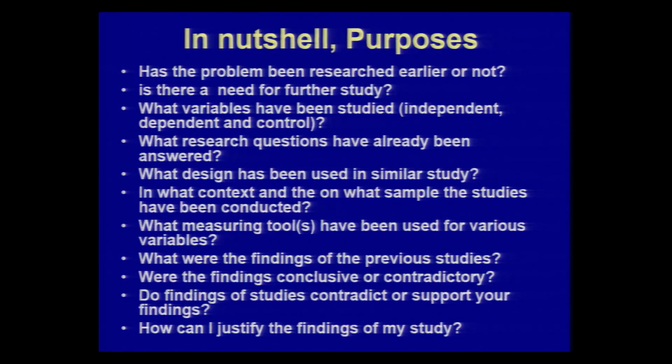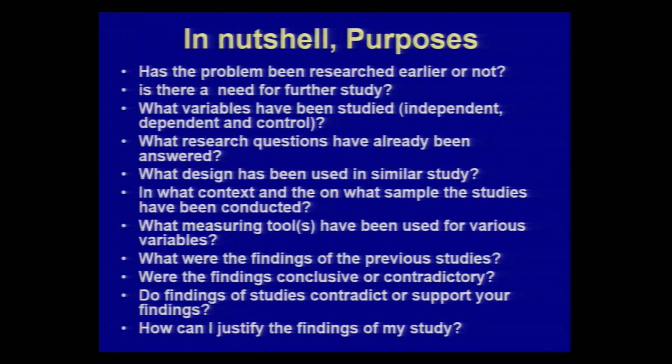You are able to answer, do findings of the studies contradict or support your findings? And lastly, review of related literature will help you in justifying the findings of your study. So, how can I justify the findings of my study is another question to which you can find an answer by taking up review of related literature.